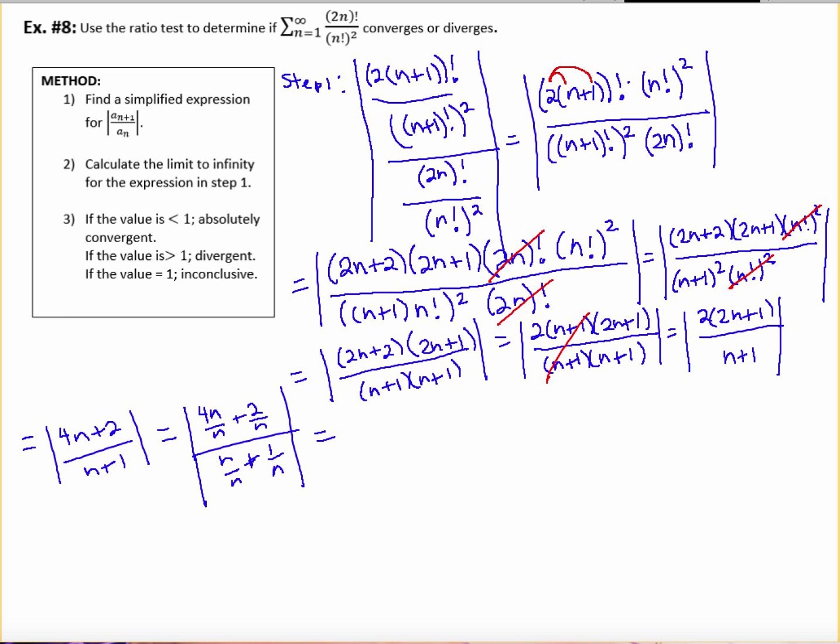So these n's will cancel out. These ones go away, these ones go away. And I get the absolute value of 4 plus 2 divided by n, all divided by 1 plus 1 divided by n. I think it's ratio test time. I think that's about as simple as I can get.